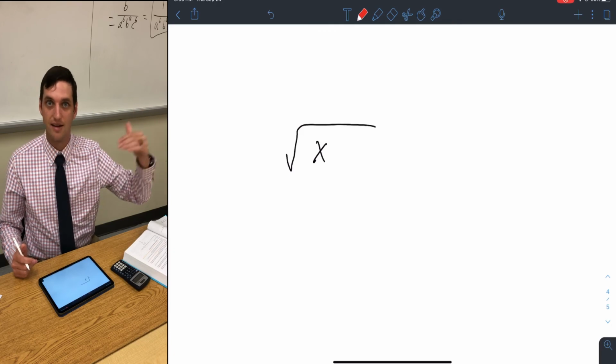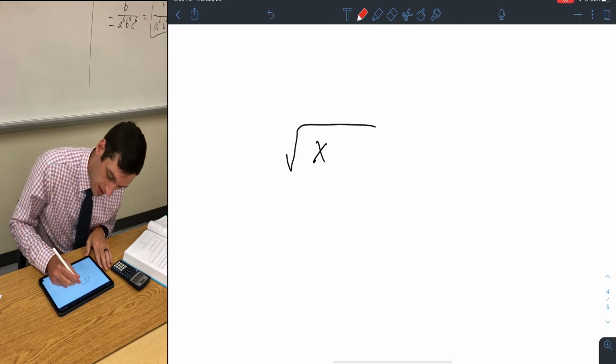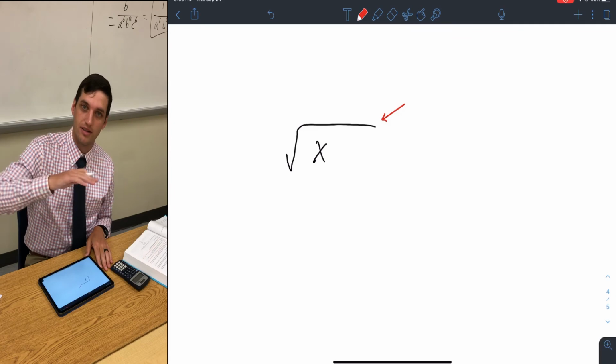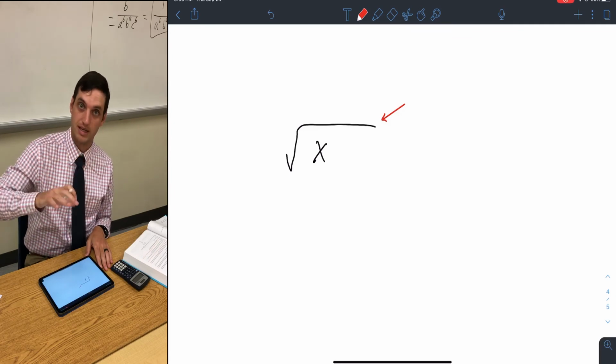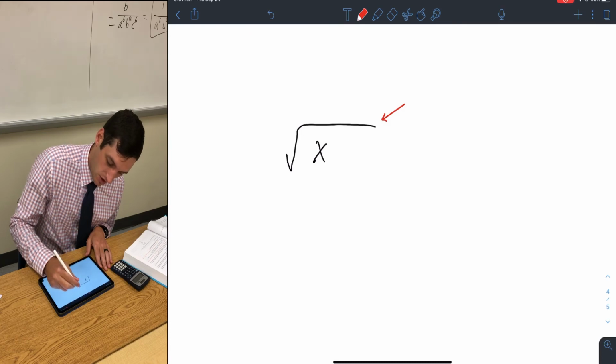Well, same for square roots. This right here, the line, the actual root that's being taken, the operation that's being taken on the value, is called the radical.